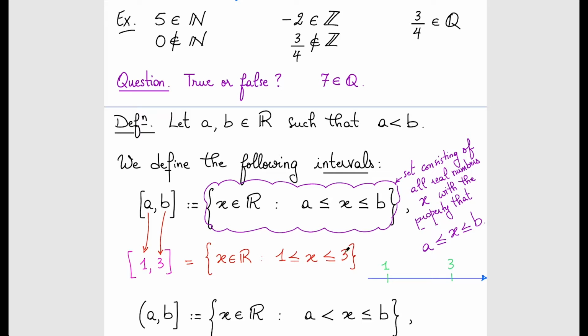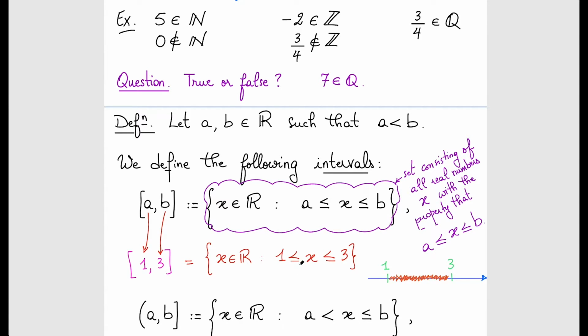Let's color them in orange. Any number that's between 1 and 3 is welcome. This is obviously such a guy. Any guy here is also another guy that's welcome to the set. Any number between 1 and 3 is part of this interval, bracket 1 comma 3, another bracket.